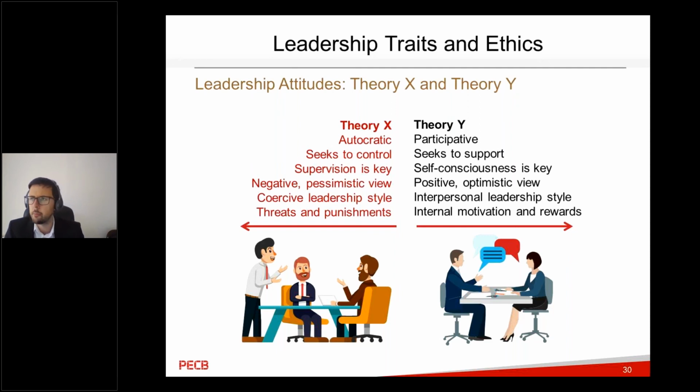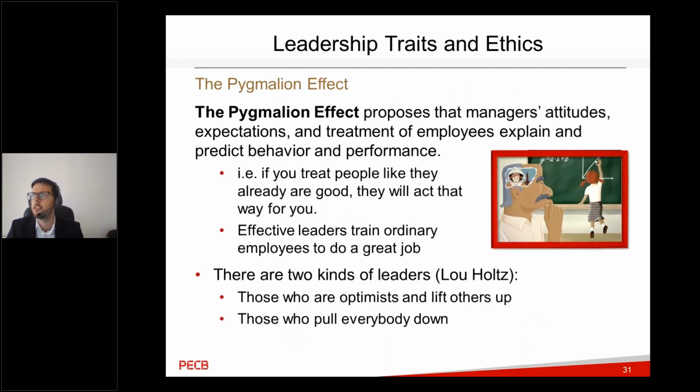Also, when we talked about the Pygmalion effect, it is about how managers' attitudes, what they expect, and how employees respond to those expectations. If you treat people like they are stars or they are good, they will usually be good for you, and usually it is a trait that can be improved.